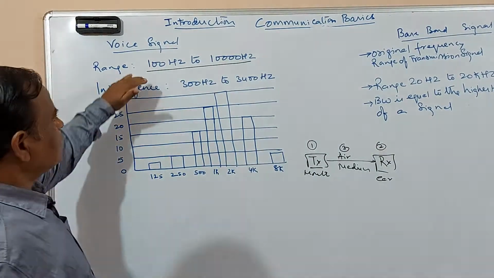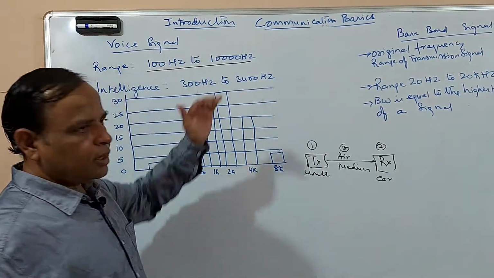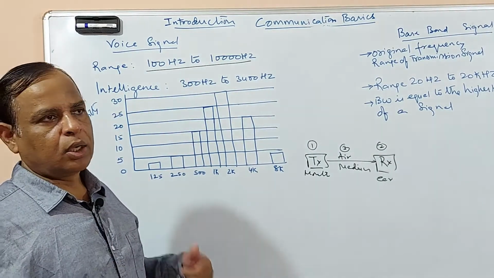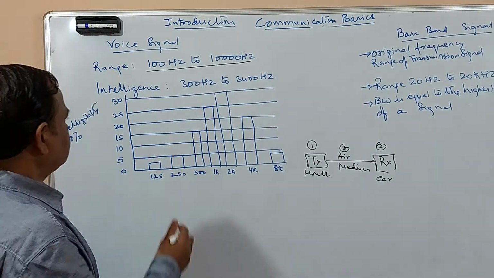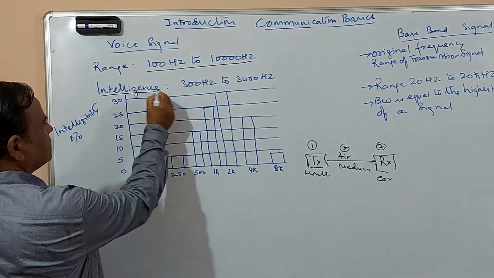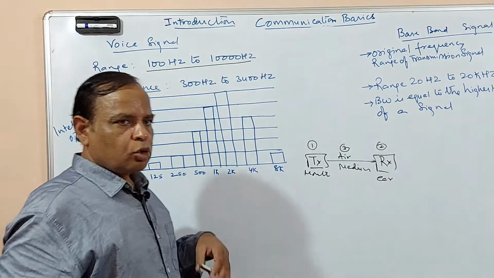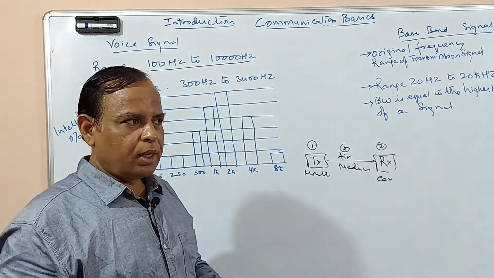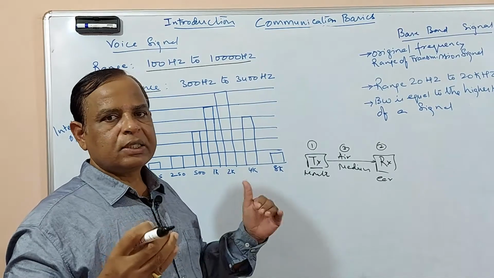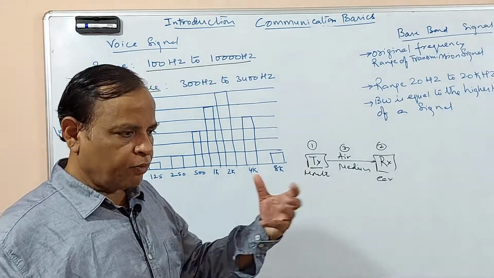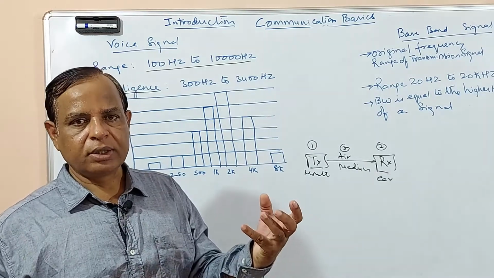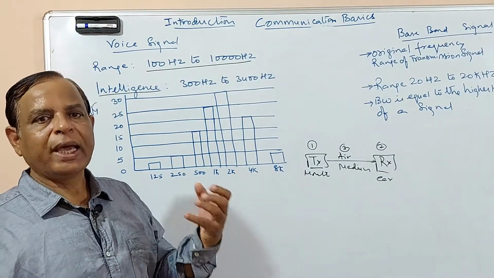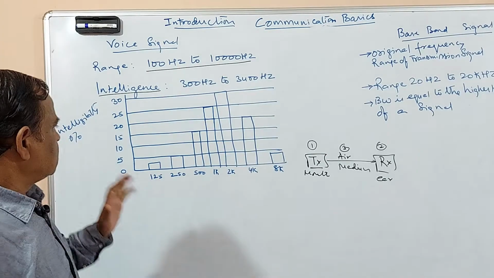Now, in this range of frequencies, we are generating a large number of frequencies. One thing you have to understand is there is a term called intelligence. We are generating so many frequencies, but the frequencies which convey the actual, required information are known as intelligence.